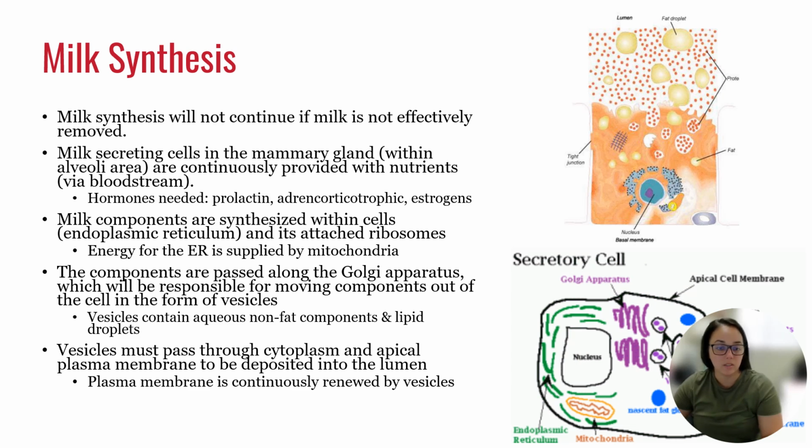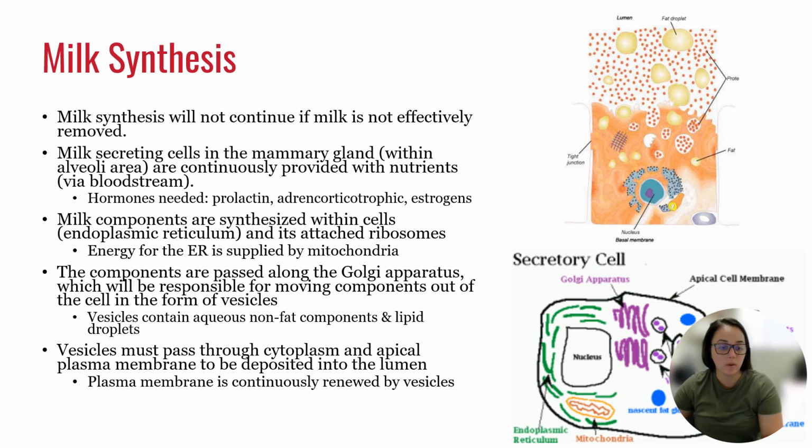Some of the hormones that are needed in order for this process to happen are prolactin, estrogens, and adrenocorticotropic hormone. I'm not even going to say that I know how to pronounce that. But anyway, those are some of the hormones that are needed in order for that to happen. Once those nutrients are provided to those secreting cells, they will start to make those milk components.